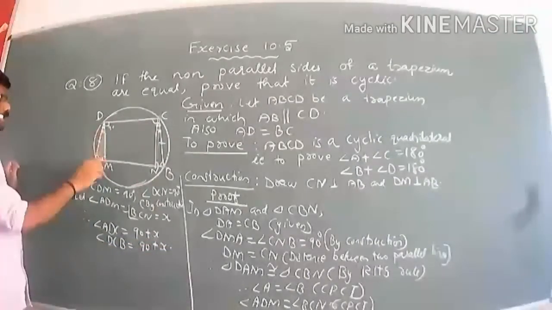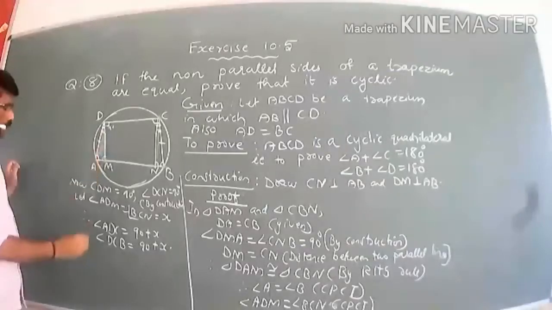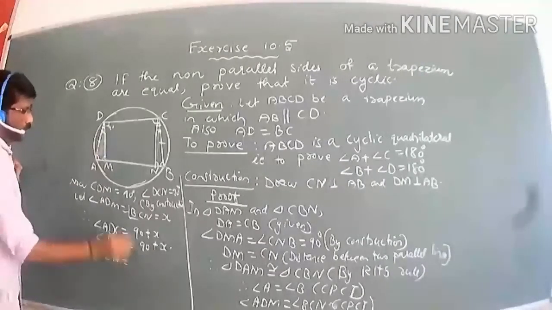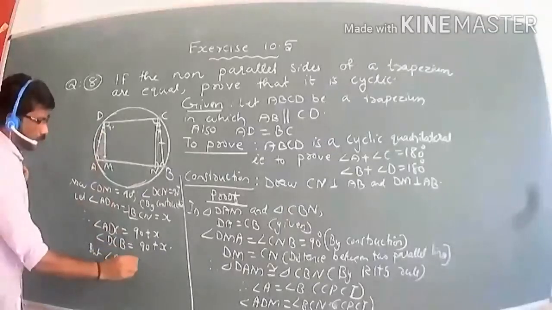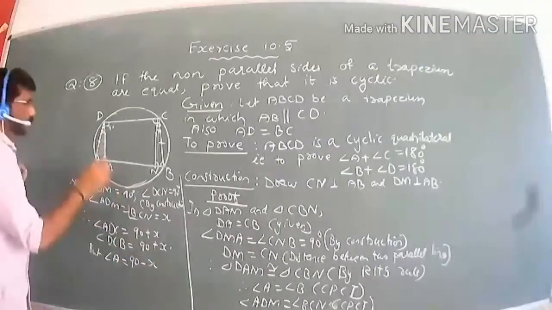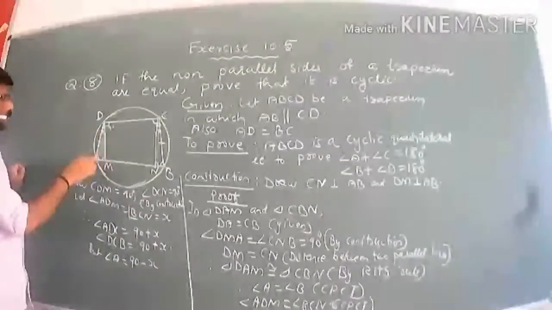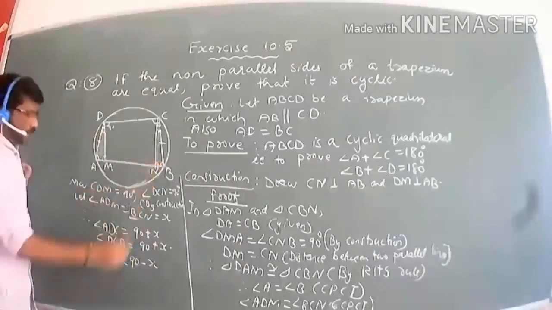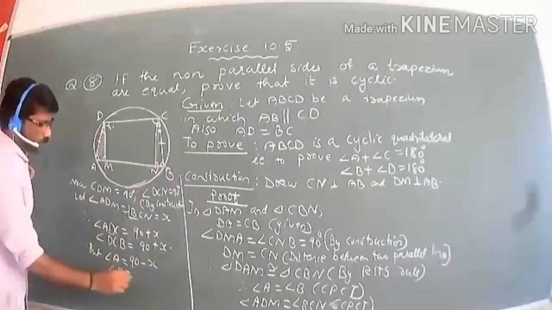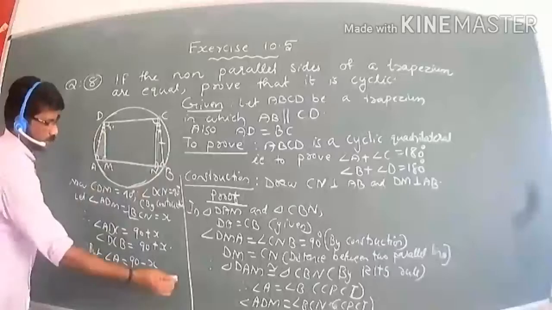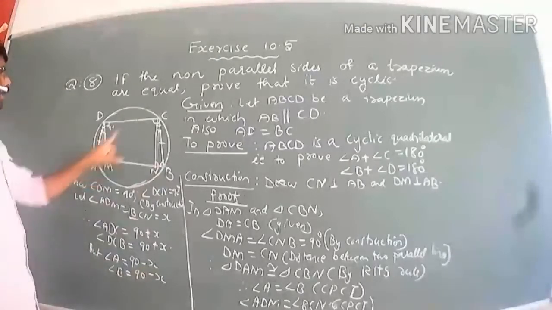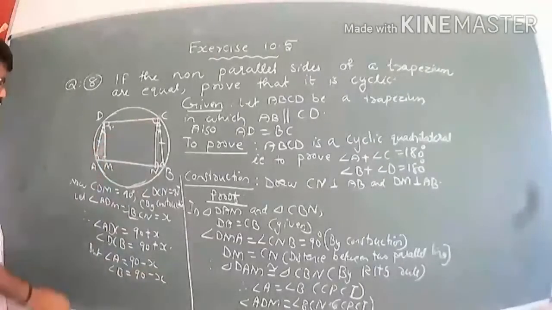Then what about this angle A? Here X, this is 90, so angle A is equal to 90 minus X. Here 90 plus X, so if you add this to make 180, it will be 90 minus X. Similarly, angle B is also 90 minus X. Now we want to prove that angle A plus angle C equal to 180 degree.